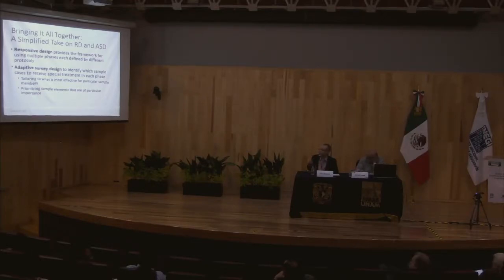The adaptive survey design is different, because here you're tailoring to the sample. You're trying to identify subgroups or individual cases that you want to give a different treatment. And that can be for a couple of major reasons. One, you think some protocols may be more effective for them, right? So identify some cases for which maybe a switch in mode makes sense, but for other cases that wouldn't.